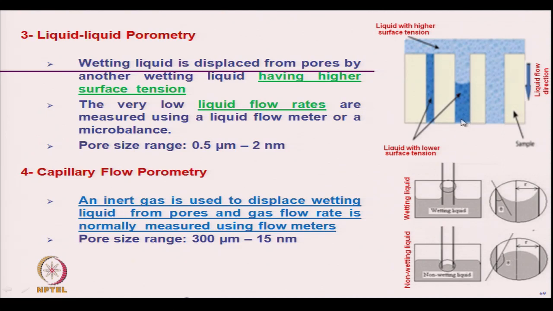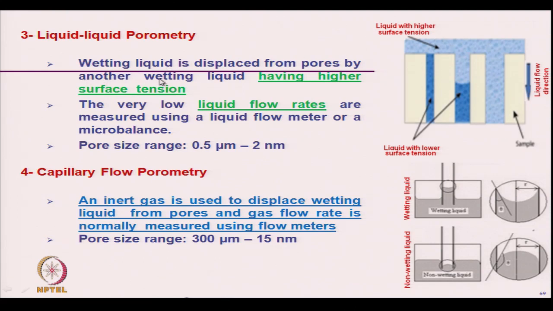After it gets wet with the liquid with lower surface tension, another liquid having higher surface tension is forced in, which will force out the liquid with lower surface tension. This liquid will be forced out of the porous medium, and from the flow rate or from the pressure we can calculate the pore dimension.